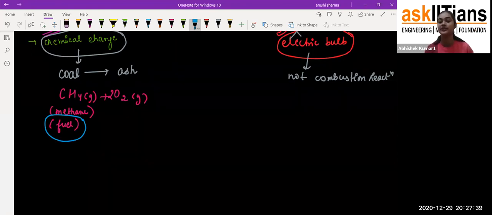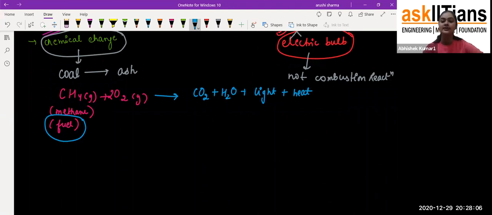Those substances are called combustible substances, or fuel. When there is fuel and we have oxygen in our air, it converts into carbon dioxide along with H2O, as I have already written that in some cases we get H2O as well, plus light and heat. So this is the combustion reaction.